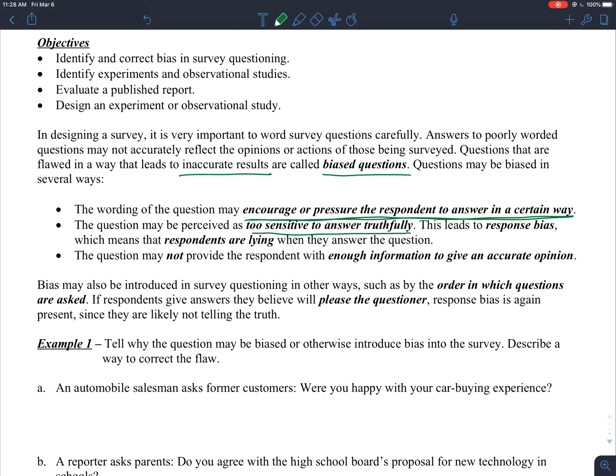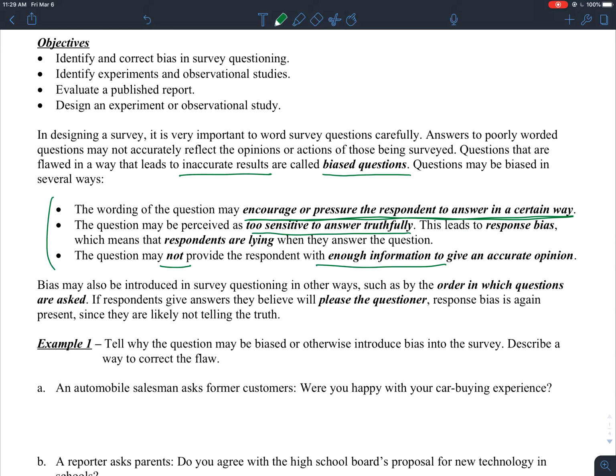Are those good specifications? If you don't know anything about the Galaxy S20 Ultra, then you can't answer the question. Okay, so you need information to give an accurate opinion. All right, so these are some ways in which questions can be biased, questions that lead to biased results for your sample survey or whatever it is you're doing, okay, your study.